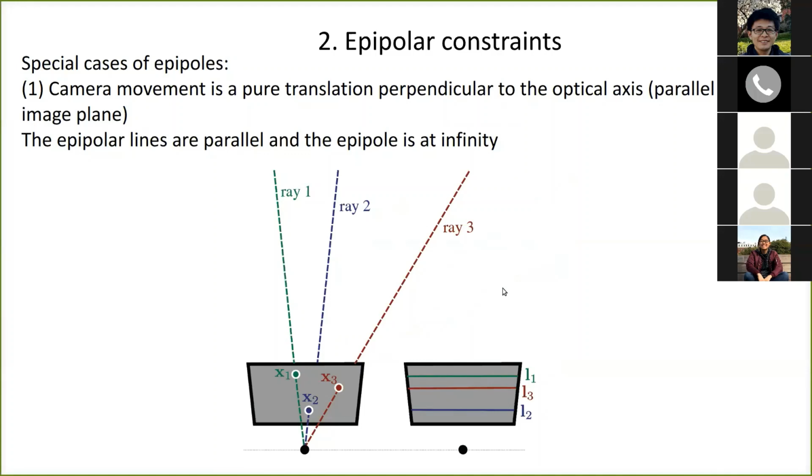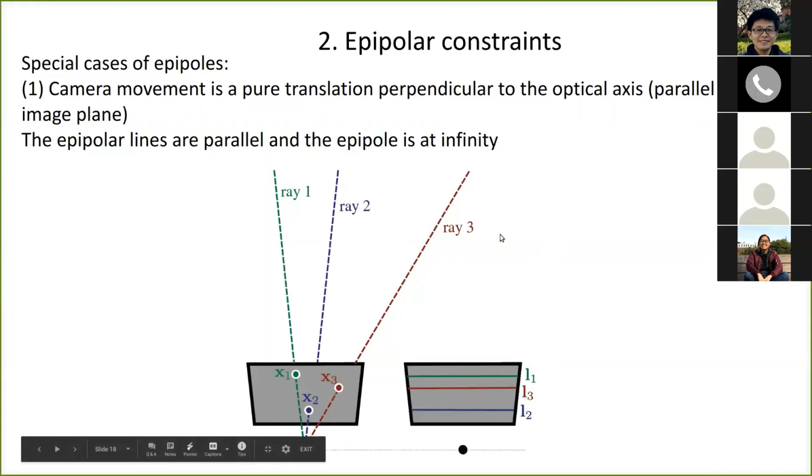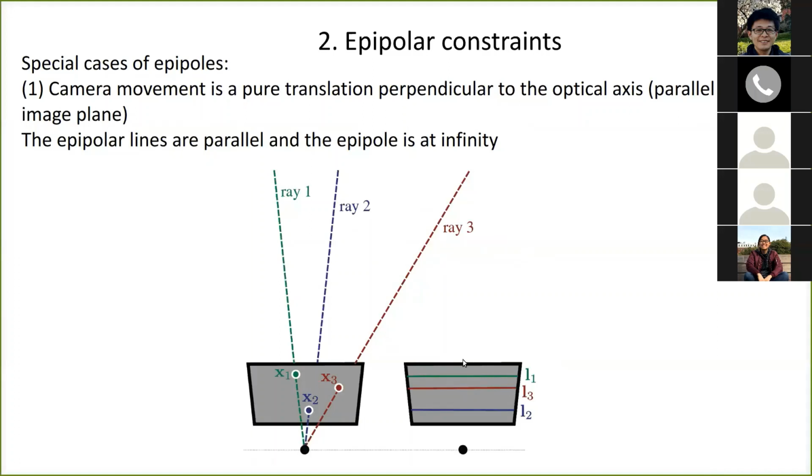So next, let's talk about some of the special cases of the epipoles and epipolar lines. If the camera movement is a pure translation perpendicular to the optical axis, as shown in this image, the two image planes are actually parallel.